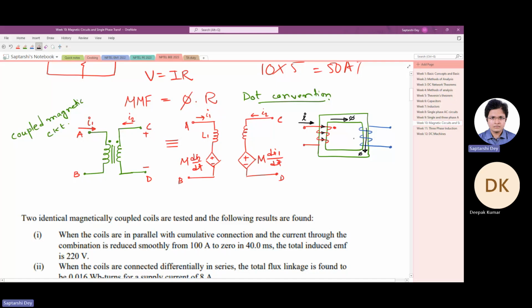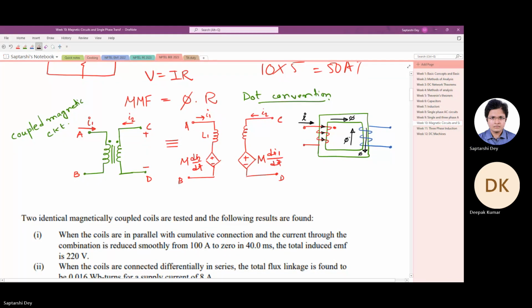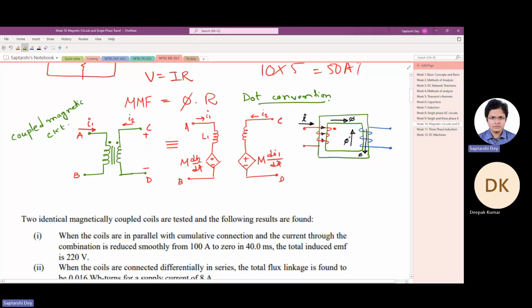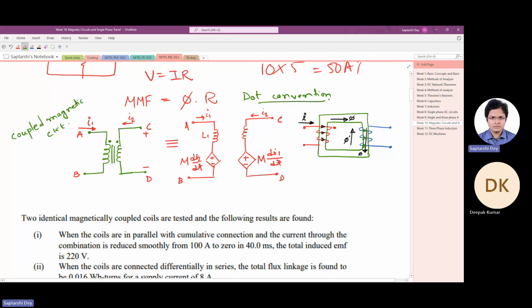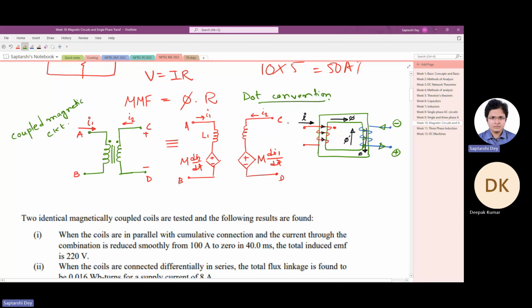By Lenz's law, the other coil will try to induce a voltage or a current so as to oppose this flux. So the other side will try to create a flux in this direction. By right hand rule, the other side will try to induce a current in this direction. Then only it will create a flux like this. So basically this will be at higher potential than the other. So if I put the red dot there, for the other terminal, the dot will come here.